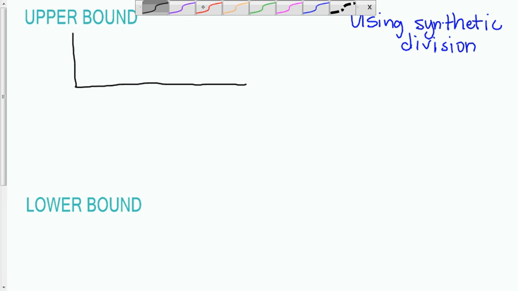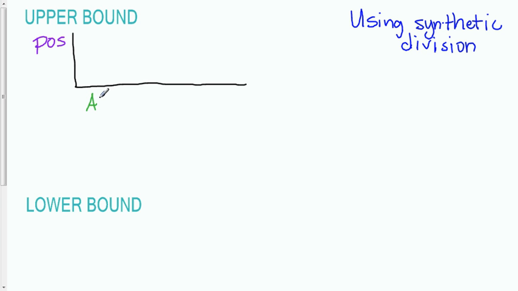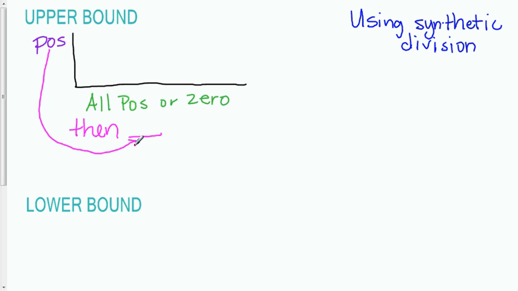The upper bound first is when you try a positive number out here. If your answer, quotient, and remainder, if they are all positive or 0, then this number, whatever it is that you tried, is an upper bound.